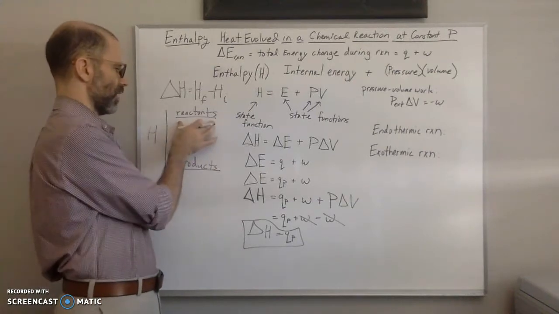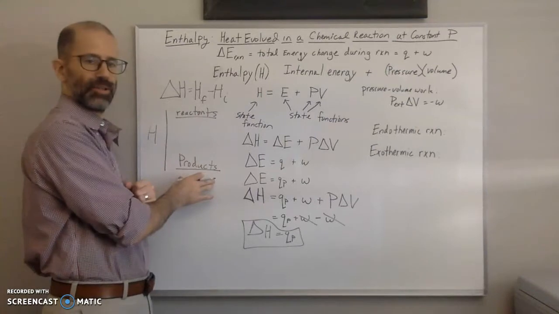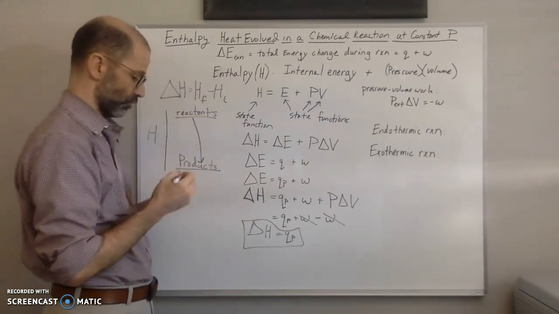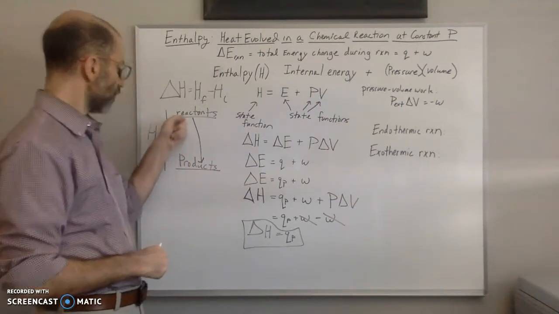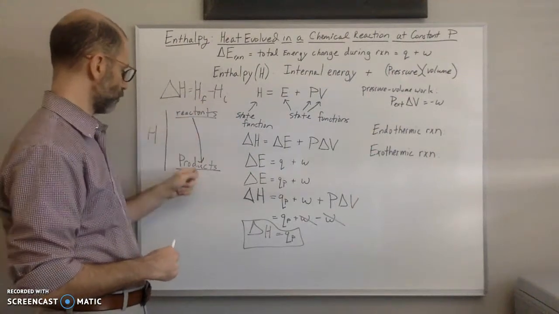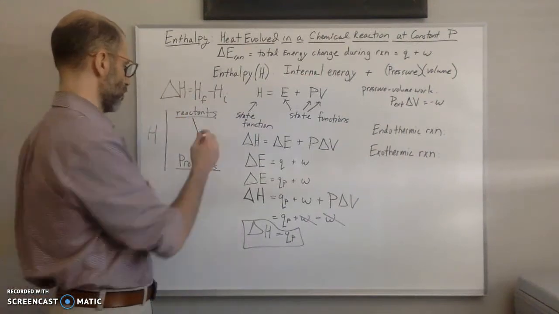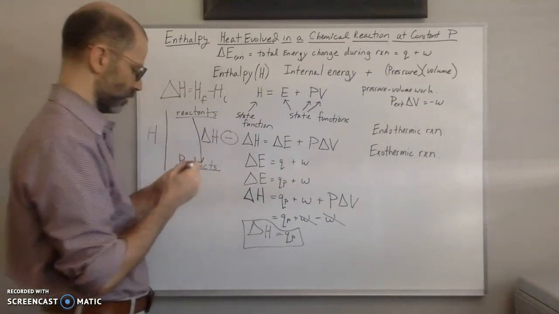And so maybe the reactants start with a higher amount of energy, and the products you get are lower energy. So in that case, you're going from high to low. So final minus initial. The final is low minus the initial, which is high. So here, your delta H will be negative, right?